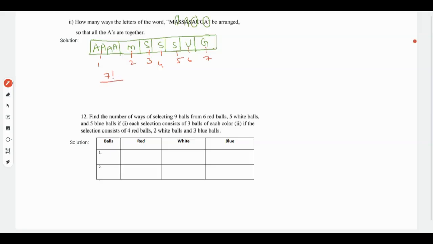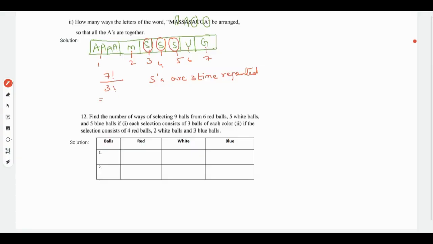letters. So it is 7 factorial divided by, S is repeated 3 times, so it will be 3 factorial.